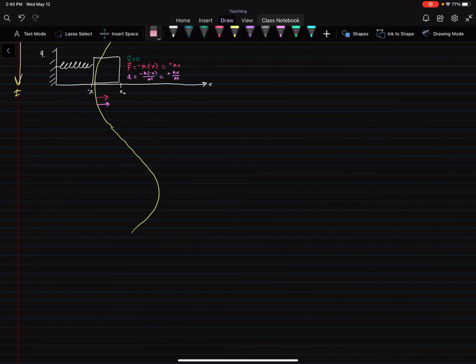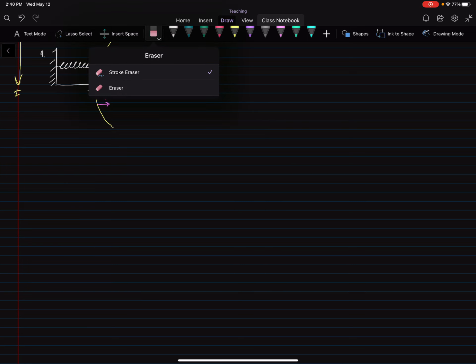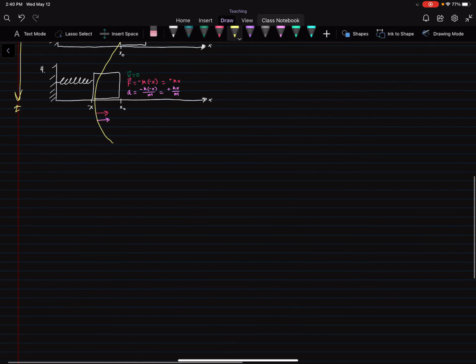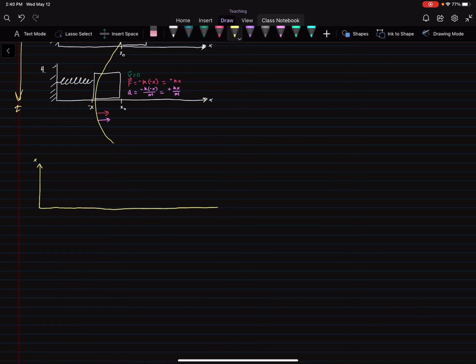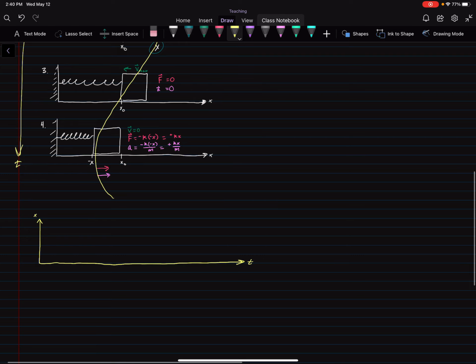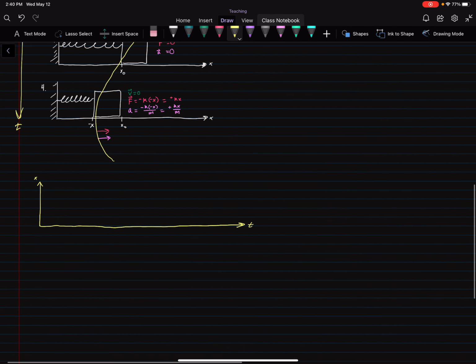So if I rotate this 90 degrees, let's say the displacement is this way. We'll call that x now, and this is t. Then what we have started right about in the center is my best ability to draw a sine or a cosine function, right?